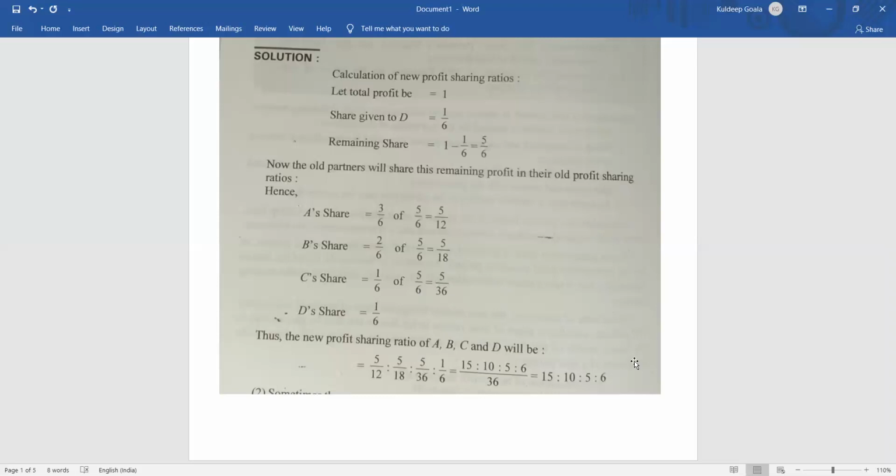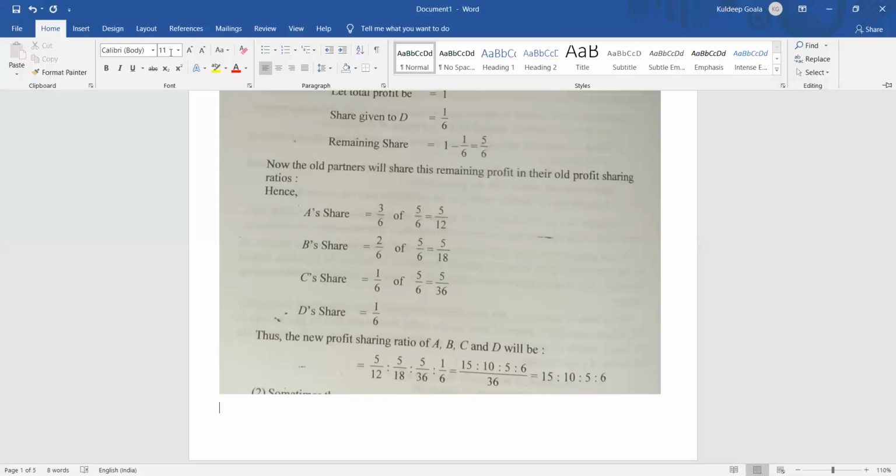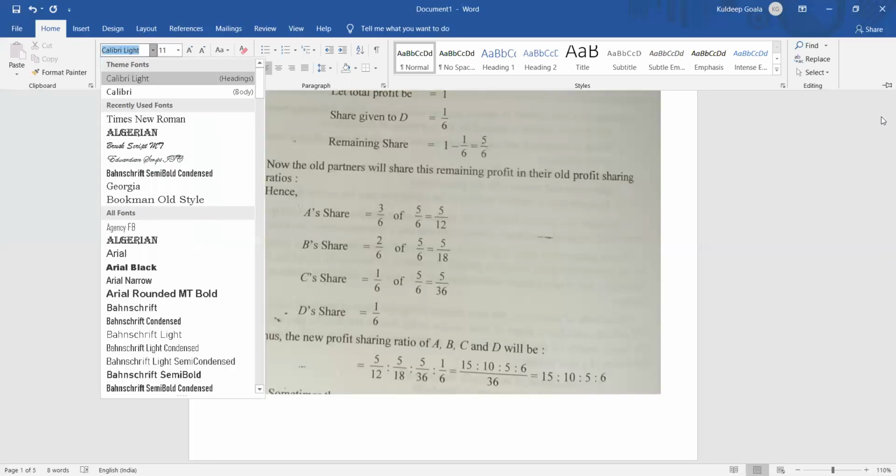Now let's find out the sacrificing ratio. Now we all know our sacrificing ratio is always calculated with the help of the old and the new ratio. Now the old ratio, we are aware of it, right? What is the old ratio? Let's see once again. It is 3 is to 2 is to 1, right?